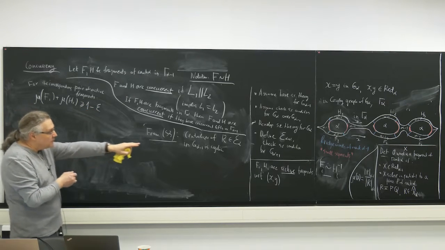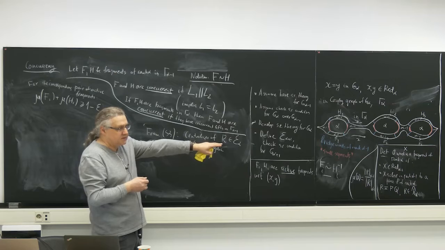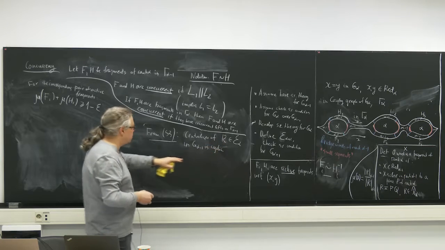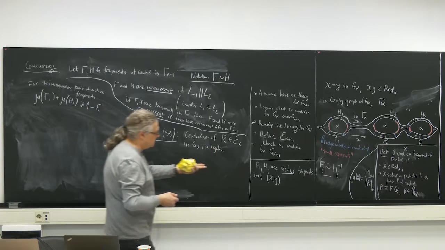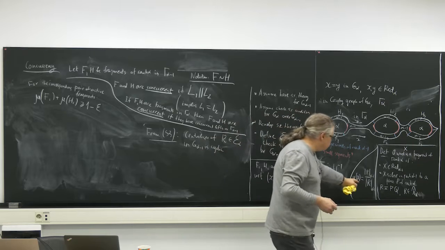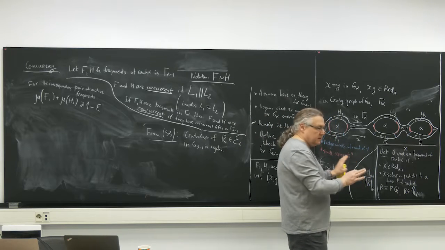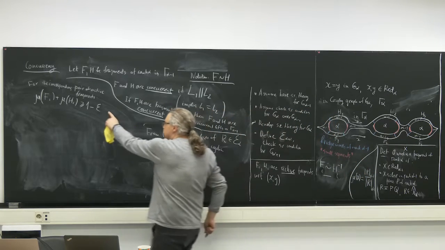But we do not have periodic relations here. We just have a general form, so I have a measure like this. Everything is without periodicity, but anyway, we have a similar thing here.